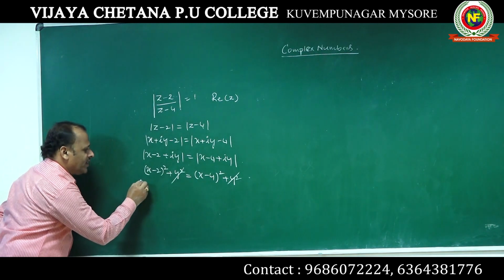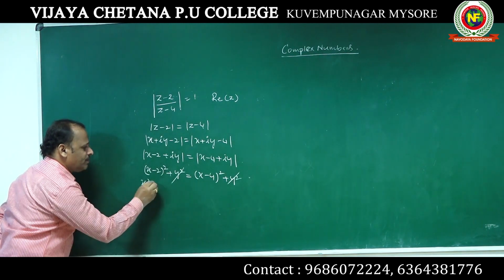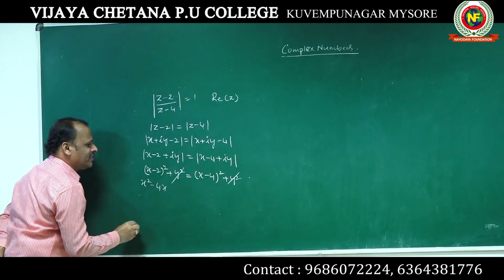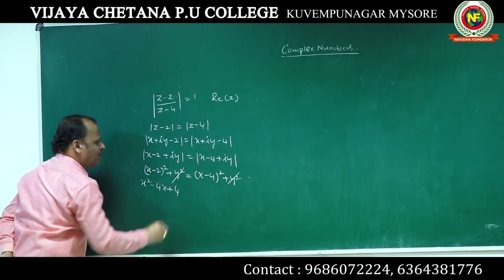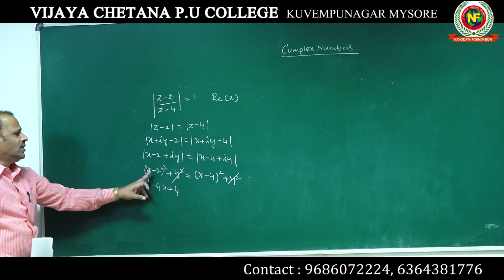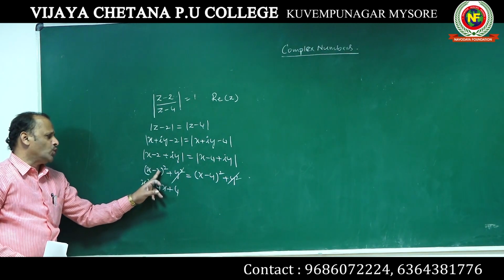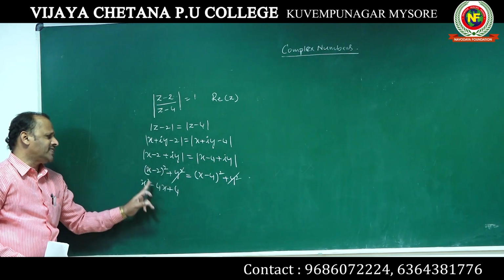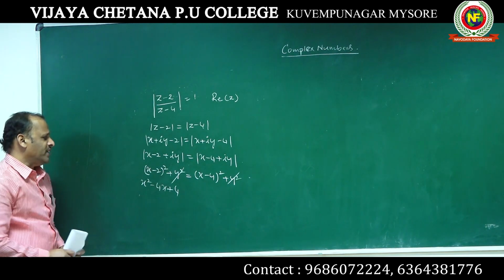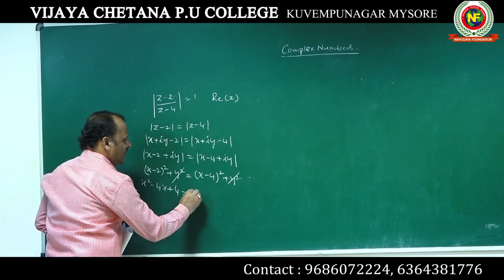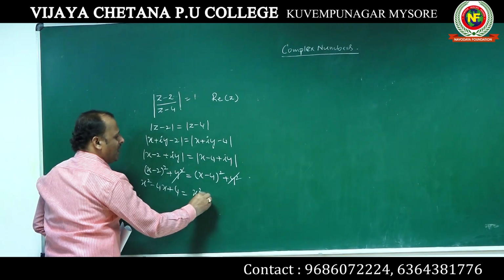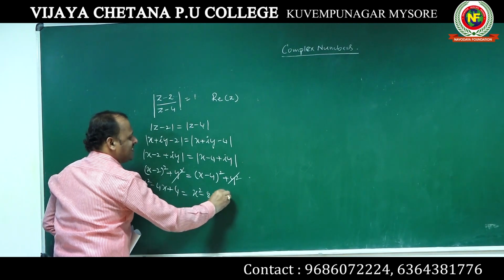Now here this is x square minus 4x plus 4, according to the (a minus b) whole square: x square minus 2ab, 2 into x, that is 4x, plus b square. Here x square minus 8x plus 16.